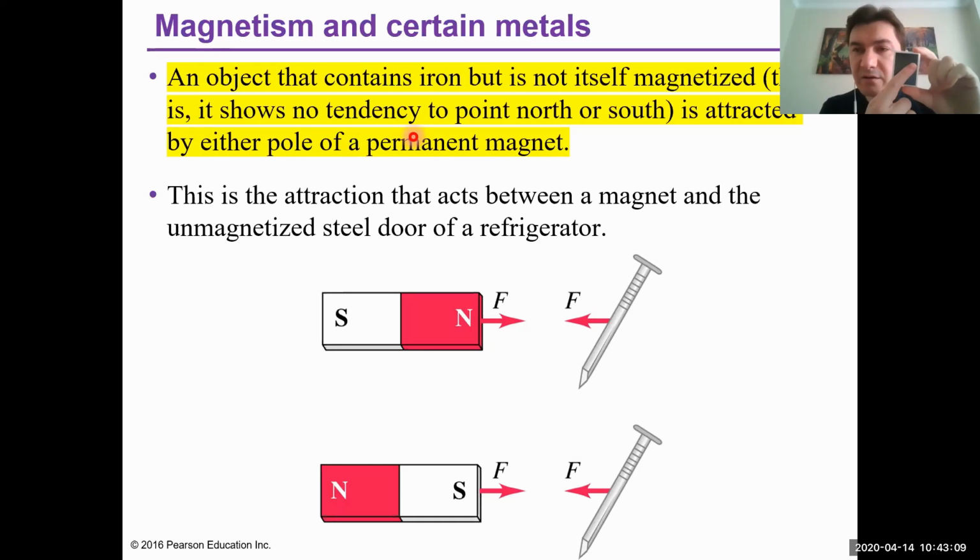This is magnet and magnetized, but the door of the refrigerator is not magnetized, but there is an attractive force between that permanent magnet and the door of the refrigerator. So what is the source of this attractive force? Because the refrigerator door includes some iron or magnetic material, okay?